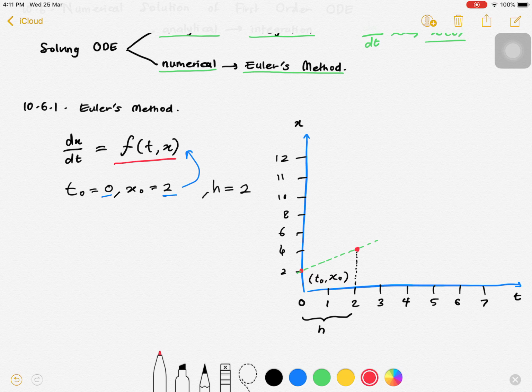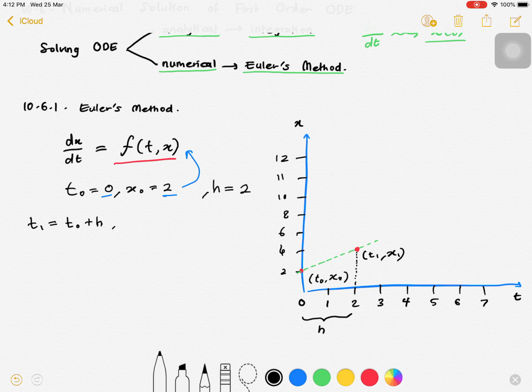Alright, so this second point, we can denote it as t1, x1. So how do we know what t1 is? t1 is equal to t0 plus h.